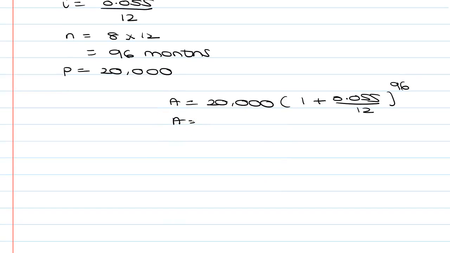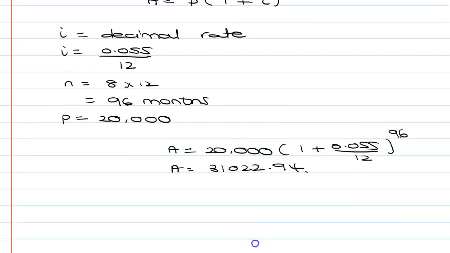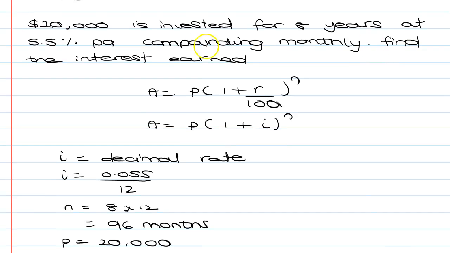I can now type all that into the calculator, and I get 31022.94. So we summarize that and say the amount in the account would be $31,022.94.